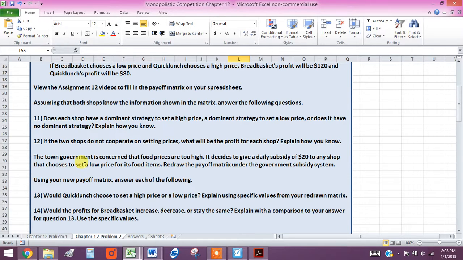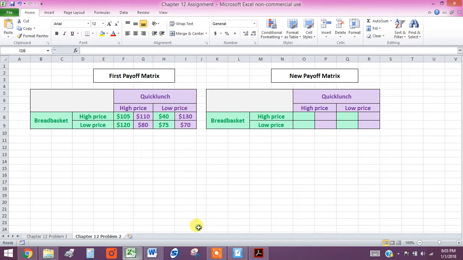So if the two shops do not cooperate, what will the profit be for each shop? Well, we know that Bread Basket has a dominant strategy for going low. So let's jump back over to our matrix.